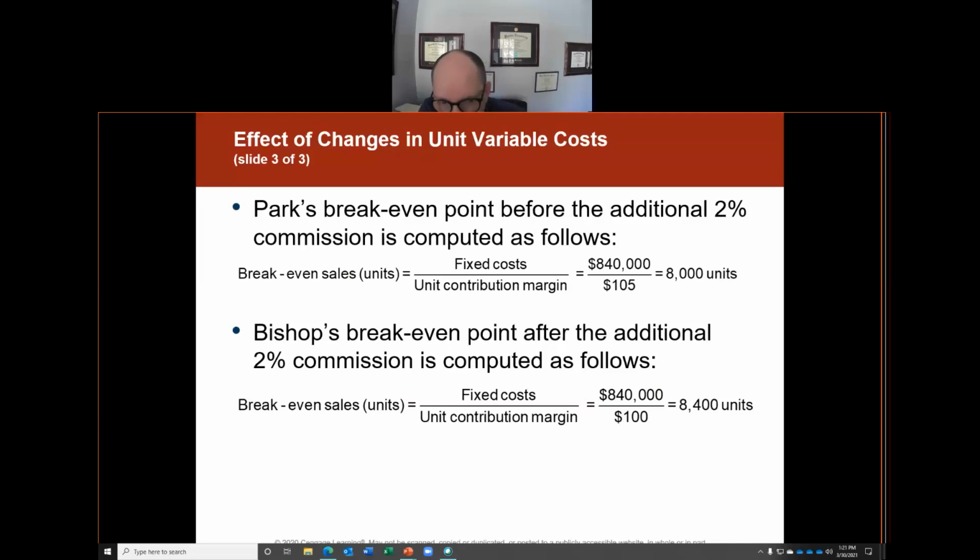If I pay my salespeople an additional 2%, I need to sell 8,400 units: 840,000 fixed cost divided by unit contribution margin, $100 per unit. That means I need to sell another 400 units.